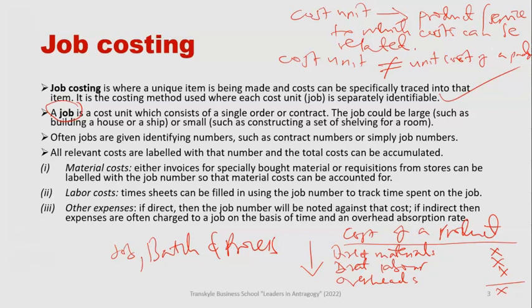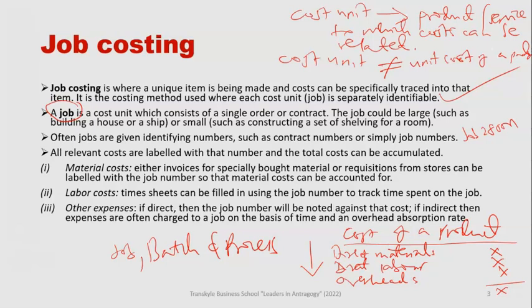So you might find an example that a particular job, let's say job number 2808, was in relation to the service of a sport lecture or the service of a computer, etc. All relevant costs are labeled with that number and the total cost can be accumulated.